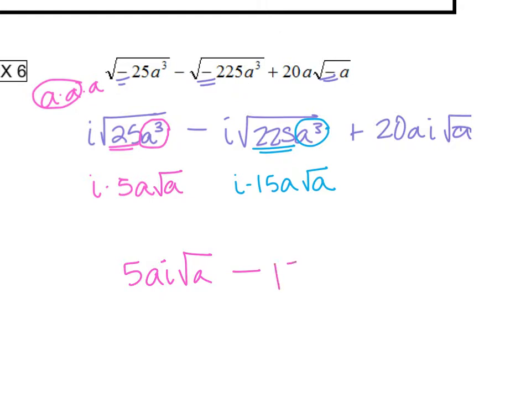So that's going to be 15ai square root of a. Alright, well this one, we have our square root of a. We can't do any more simplifying, so we'll just bring that down. Plus 20ai square root of a.